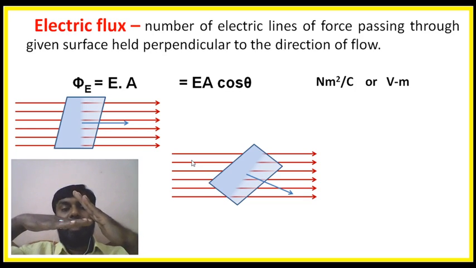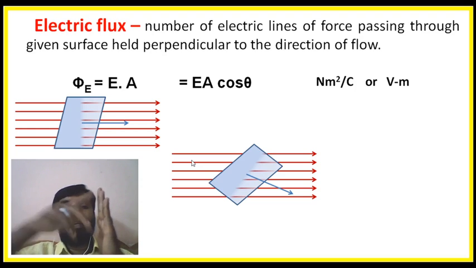Now they are not perpendicular to each other. In the first case they are perpendicular to each other. Though they appear perpendicular to each other, the angle between area vector and the electric field will be 0, since the area vector will be perpendicular to the surface. If we assume that this is the surface, the area element vector is denoted by a perpendicular line to this surface.